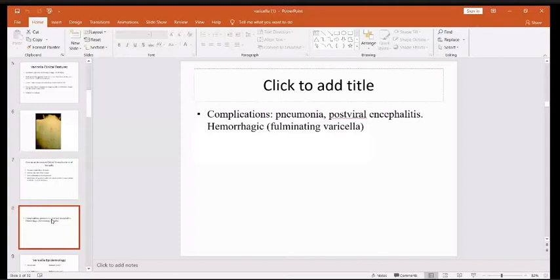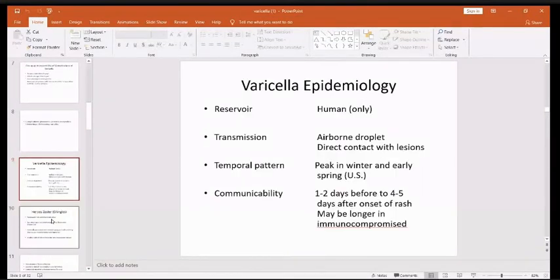So the patient may already be infected, the appearance of the rash will take some time, but the patient can transmit the infection, from around 1 to 2 days before the appearance of the rash, to around 4 to 5 days or even up to a week after the onset of the rash, or it may carry even longer.